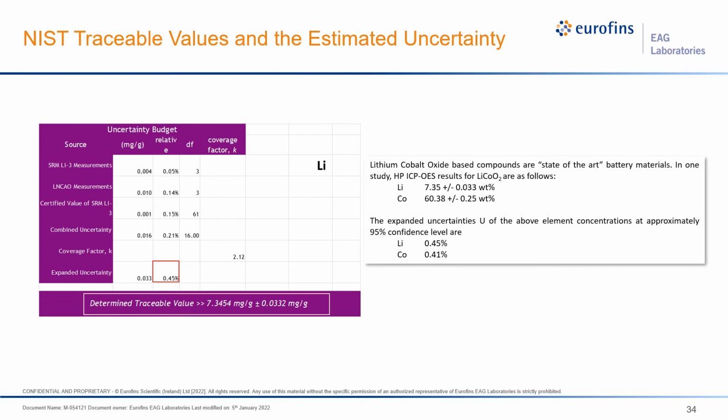When we do the statistical expansion, the expanded uncertainty is only 0.45 relative. So with this technique, we can accurately and precisely measure the lithium content as well as other metal content in the lithium transition metal oxides. And this allows us to accurately assess the deficiency as well as the excess of lithium in those materials.